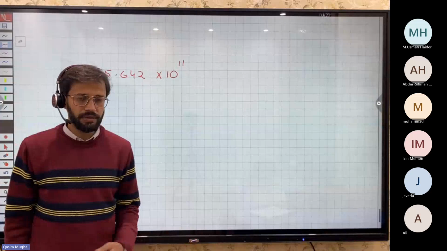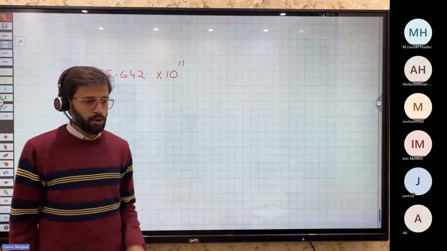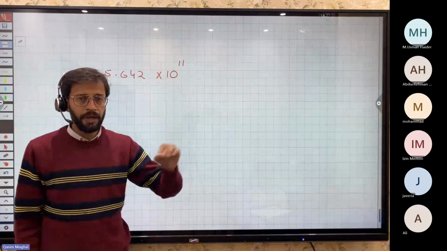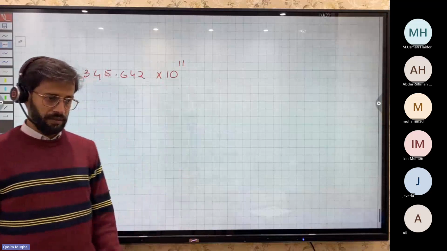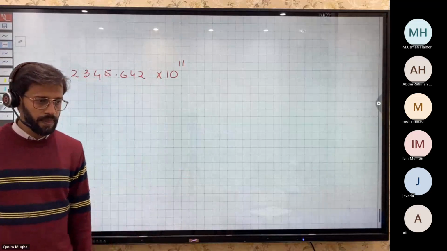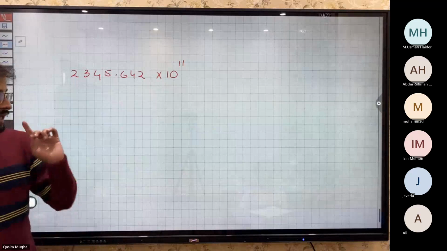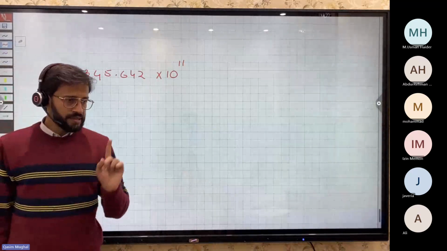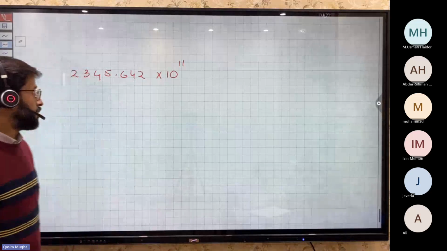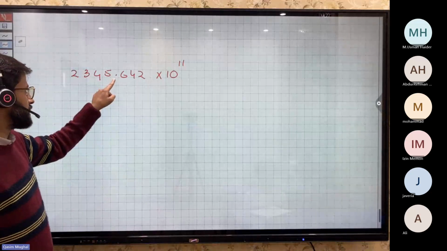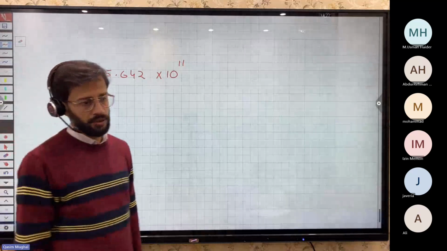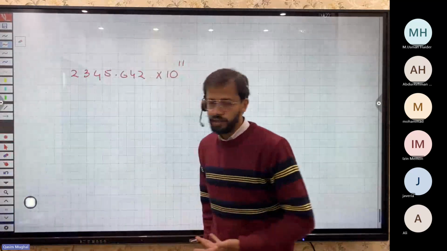There were two conditions. One was about a power of 10. Yes, it is there. What was the second condition? Yes, there should be only one non-zero digit to the left of the decimal. Over here we see the decimal. How many digits do you see on the left of it? Four digits. So clearly this is not in standard form.